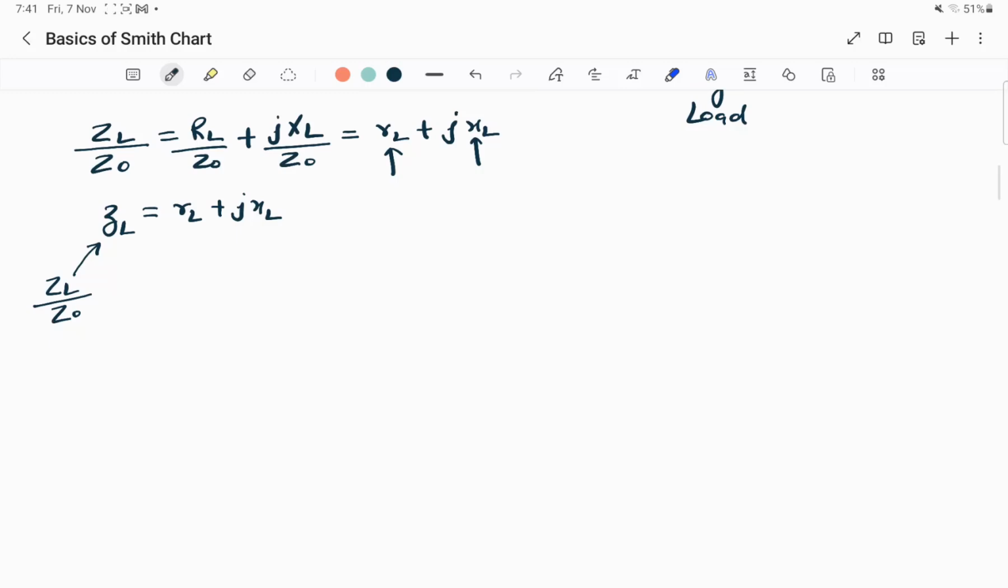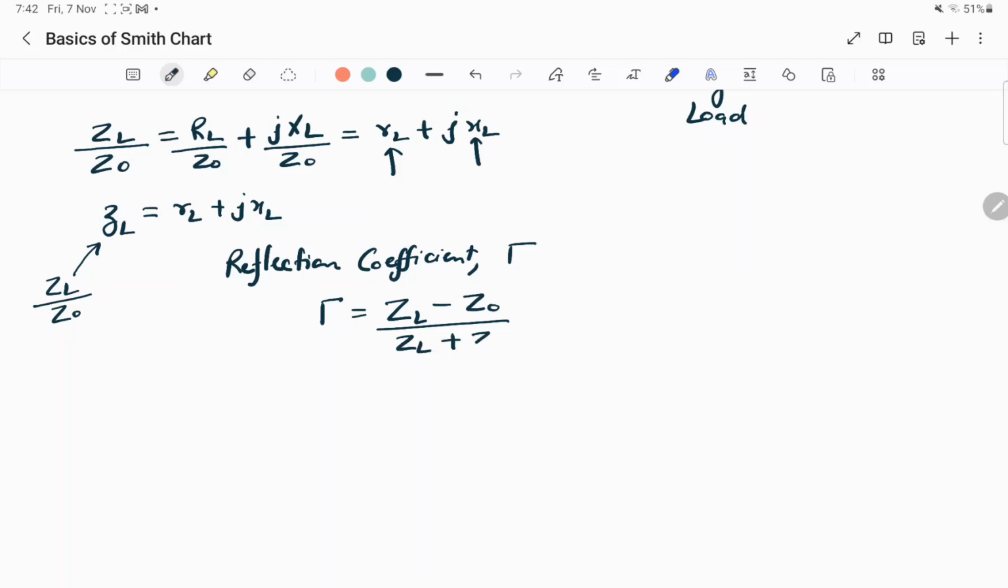Now we know that the formula for the reflection coefficient, let's call it gamma, is: gamma is equal to ZL minus Z0 divided by ZL plus Z0. Okay. Now here also we are going to divide by the characteristic impedance Z0, in the numerator as well as in the denominator.